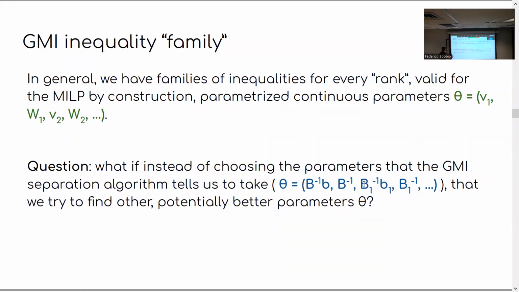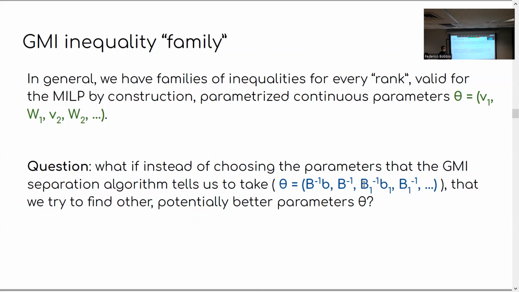So it immediately brings the question: maybe there aren't any better parameters. Maybe what the classical GMI separation algorithm tells us is basically optimal, to which I will answer immediately: no. There are better parameters than those suggested by the GMI separation algorithm. So it's not completely pointless.